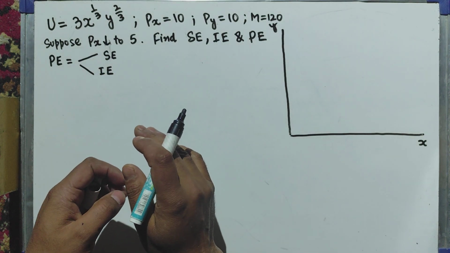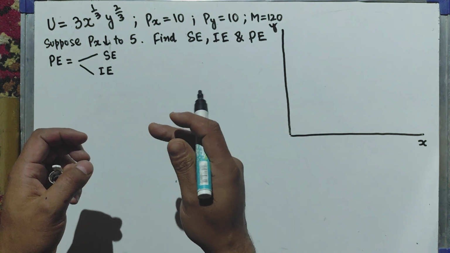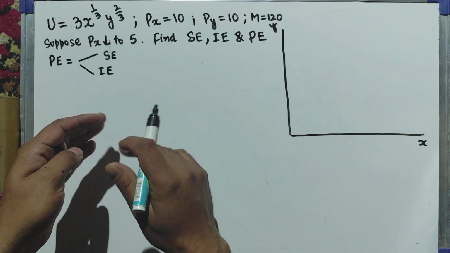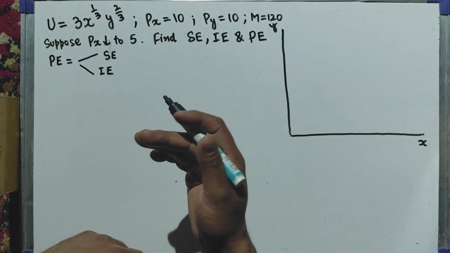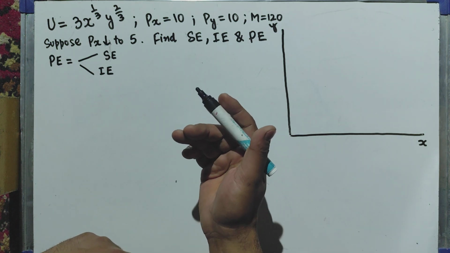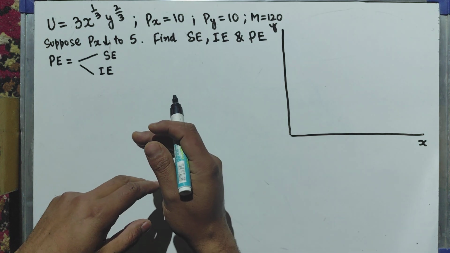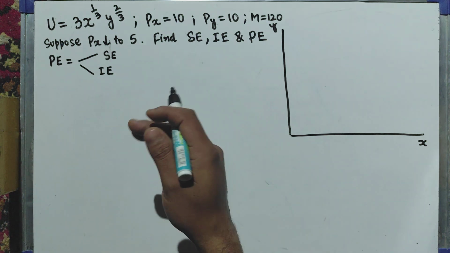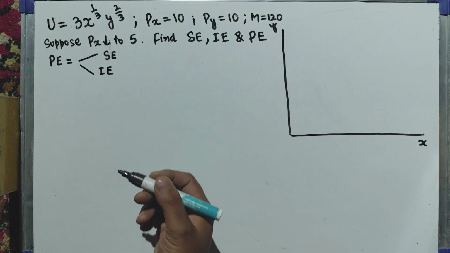Substitution effect involves the substitution of one good for another due to change in the relative price of the two goods. That is to say, how much quantity demanded of good X in this case will be demanded due to the substitution effect. Let me explain it.